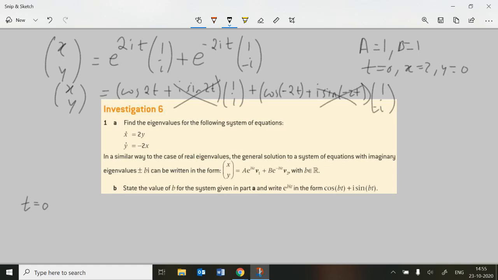This is going to disappear as well. And cos of 0 again is 1. So we're going to get 1 lot of this plus 1 lot of this. So we're getting out the coordinate point x, y equals, and we'll get 1 and i added together to 1 and minus i.